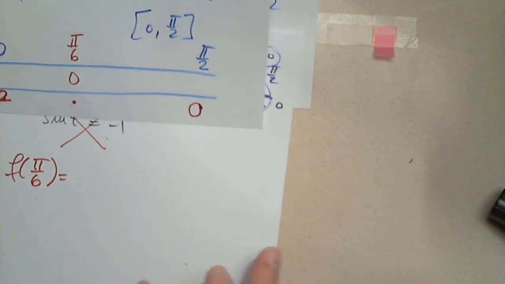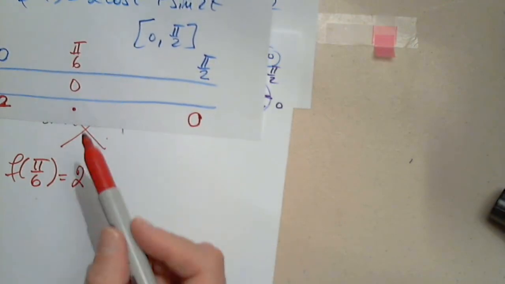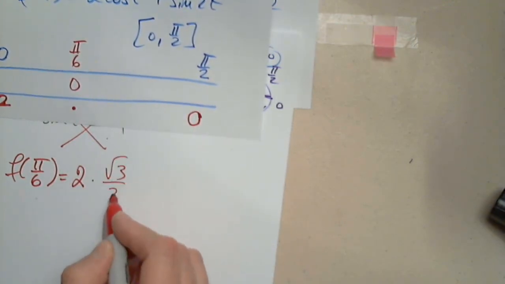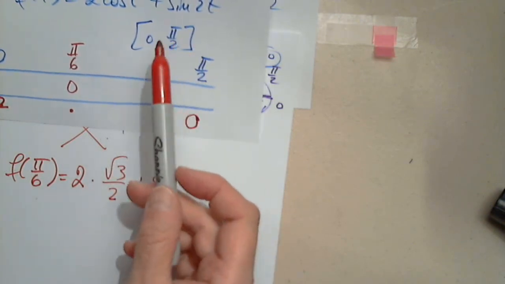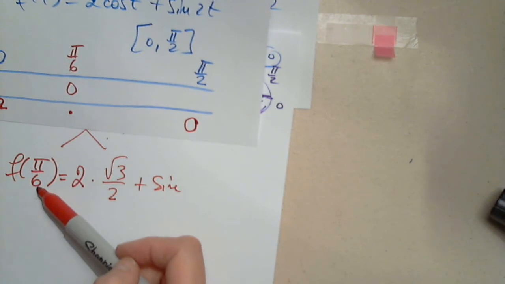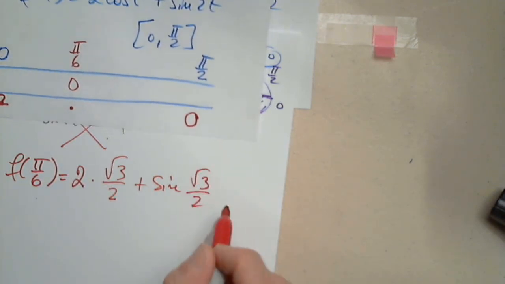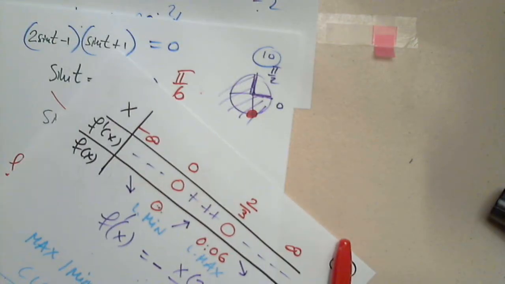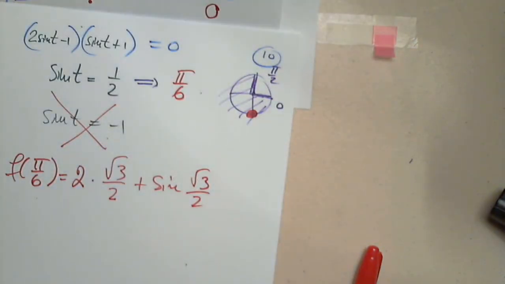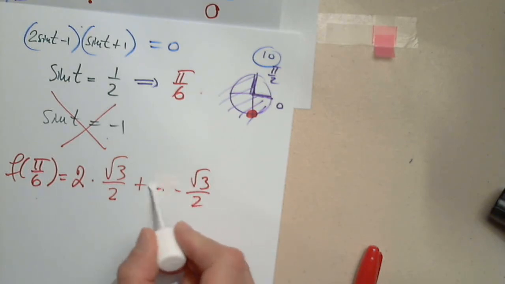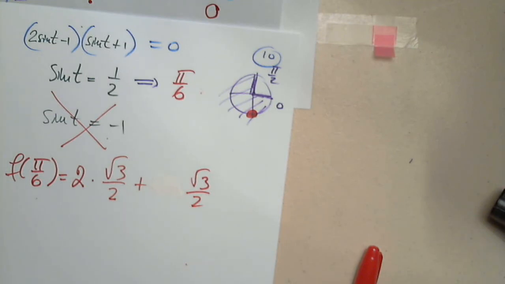So let's just determine this one. f of pi over 6 is 2 cosine pi over 6, which is the square root of 3 over 2, plus sine pi over 6 times 2. 2 times pi over 6 is pi over 3, and sine pi over 3 is of course just the square root of 3 over 2.